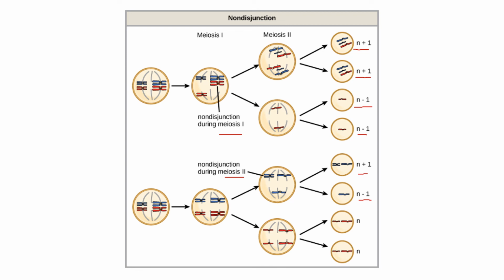And if, let's say for instance, this daughter cell, and we're going to call it an egg, fuses with a sperm that has the correct number, the resulting zygote is going to have 1 too many chromosomes, or 47. And perhaps that extra chromosome is chromosome 21. That would result in trisomy 21, or Down syndrome.